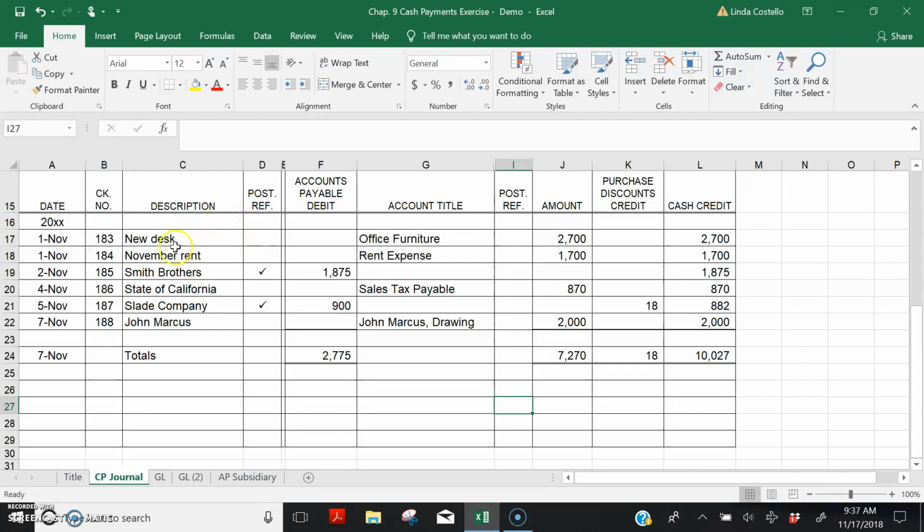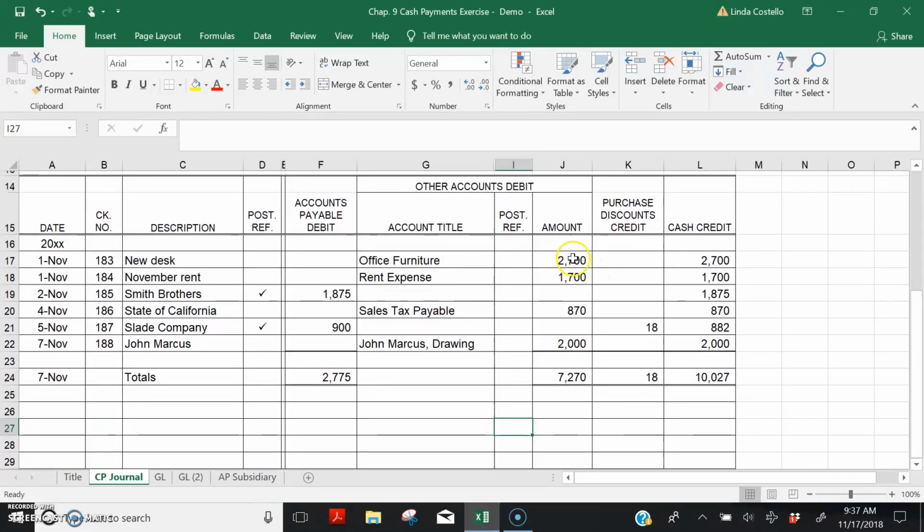So we'll post this $2,775 debit to accounts payable, this $18 credit to purchase discounts, and this $10,027 credit to cash. However, it's not possible to post this $7,270 debit to any one account. So for the other accounts debit column, we'll post each individual debit.